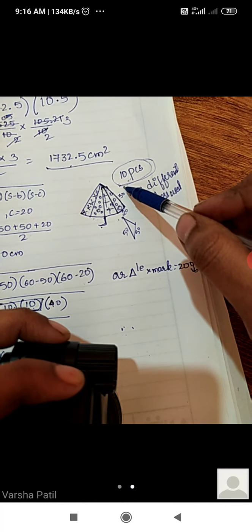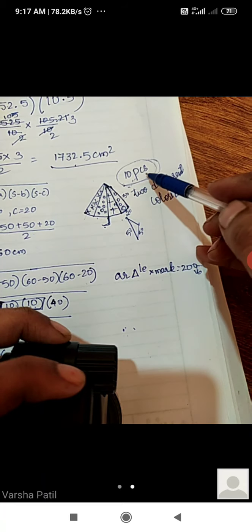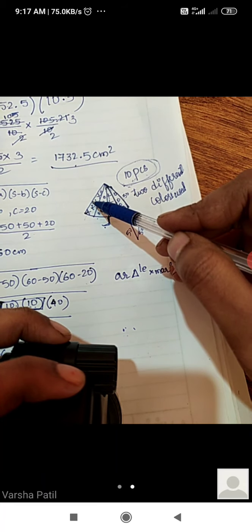Now 10 pieces are there. Understand the question? To make an umbrella, 10 pieces are used. That means 5 pieces of bubbles and 5 pieces of X mark.